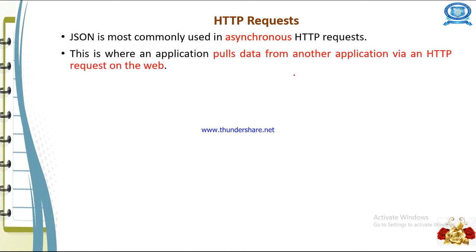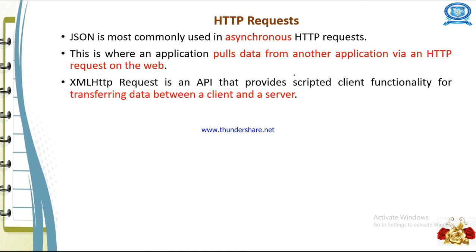Okay. So this is where an application pulls data from another application via an HTTP request on the web. This XML HTTP request is an API that provides scripted client functionality for transferring data between the client and the server.